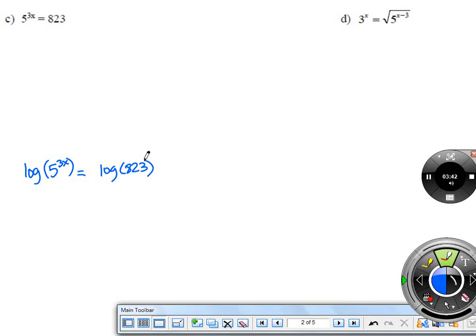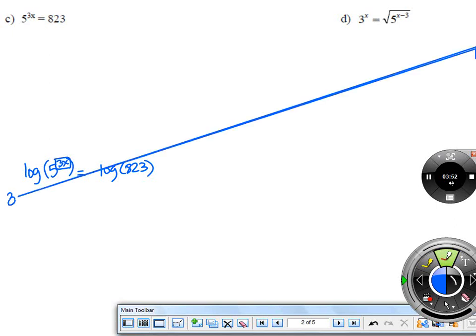Now, according to our power property of logs, having this power inside the log is the same as having the exponent multiplying the logarithm of that base, which means it can be rewritten like this. So that might not seem helpful, but it is because now you can isolate x. Now x is here.